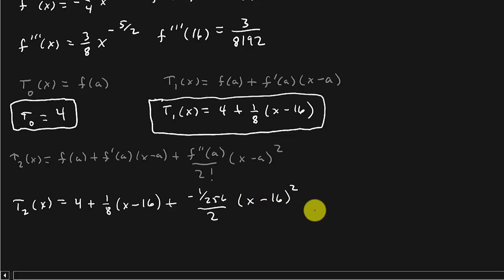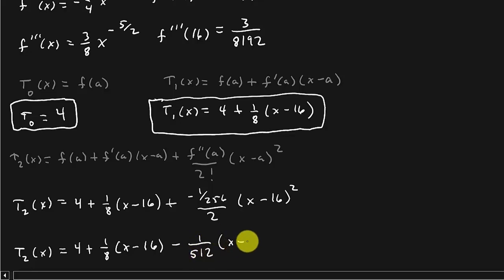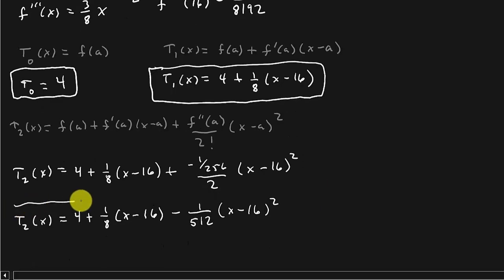All right. And so that's going to give us T2 of x is equal to 4 plus 1/8 times x minus 16 minus, and that's going to be 1 over 512 times x minus 16 squared. And so there's T2.